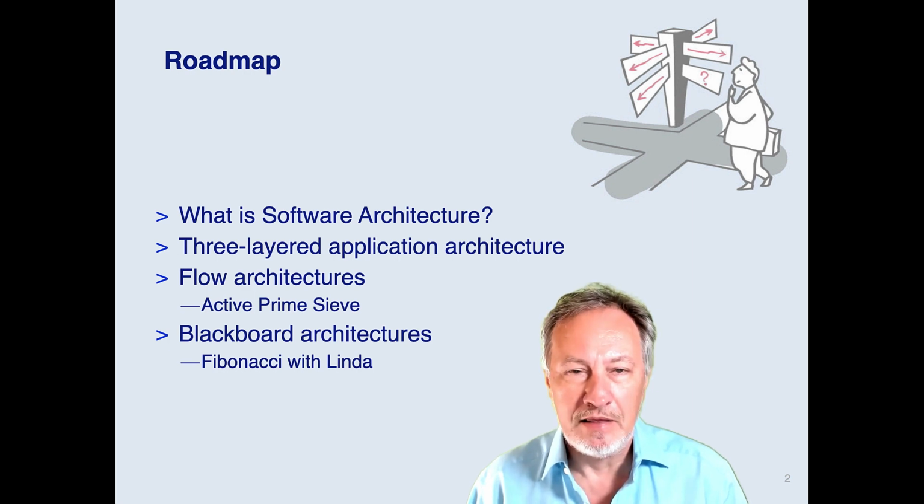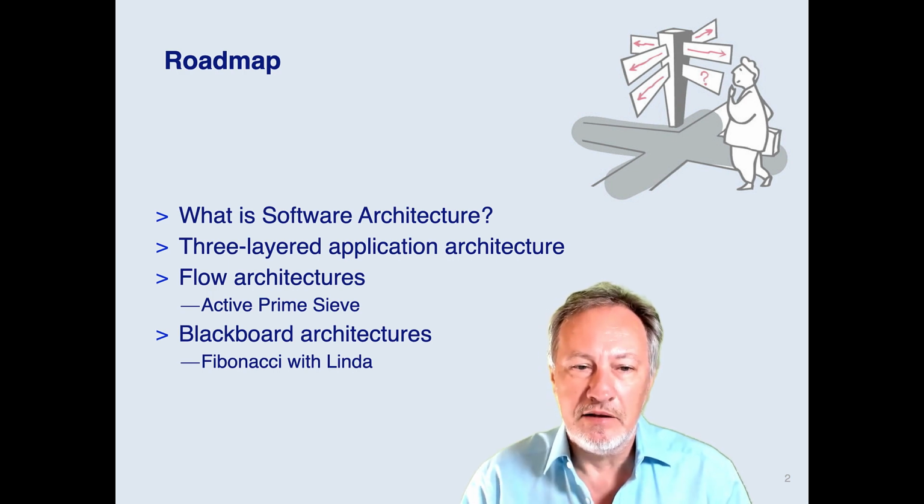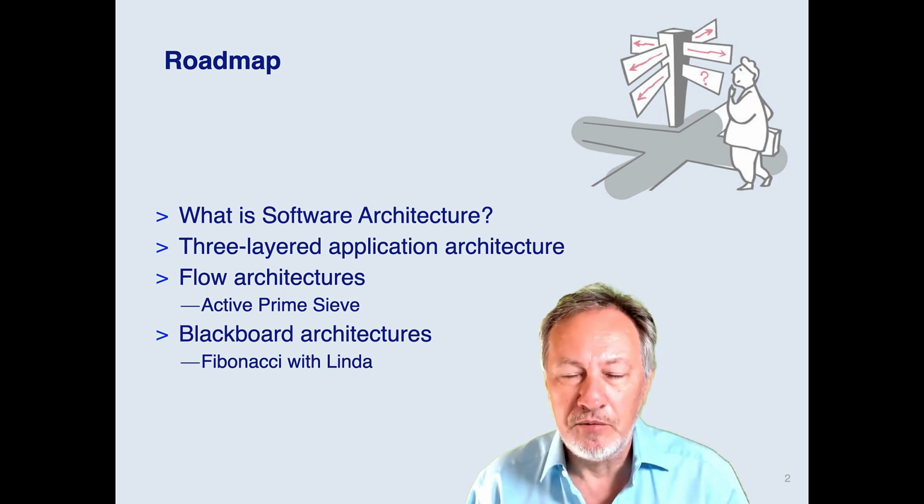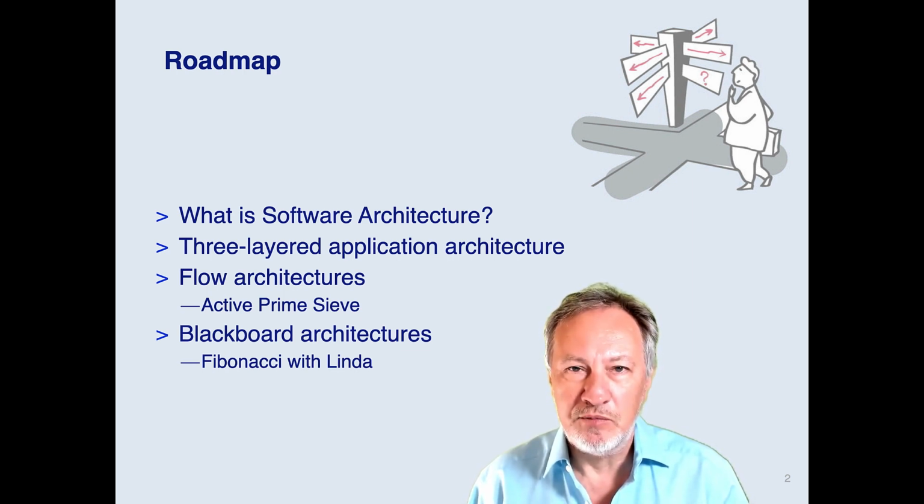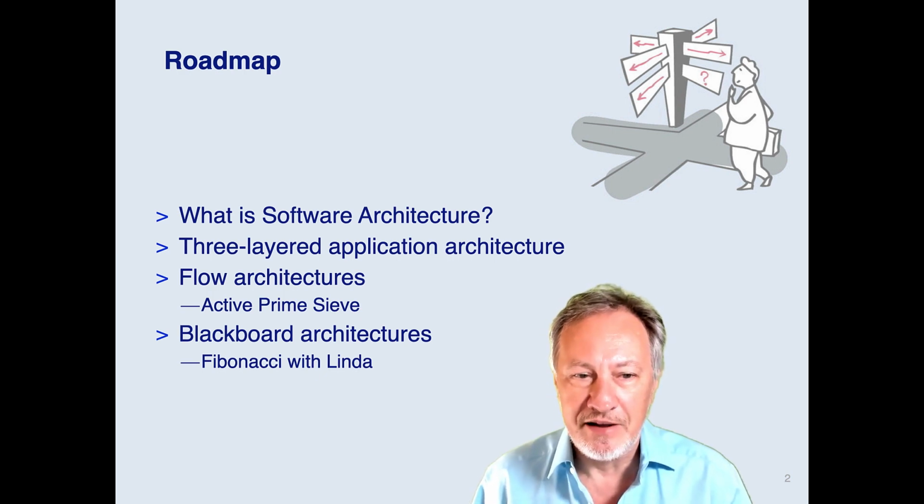We'll see that one of the most basic patterns in architectural styles for concurrency is the three-layered application architecture, which distinguishes between where concurrency occurs and where synchronization occurs in these layers.